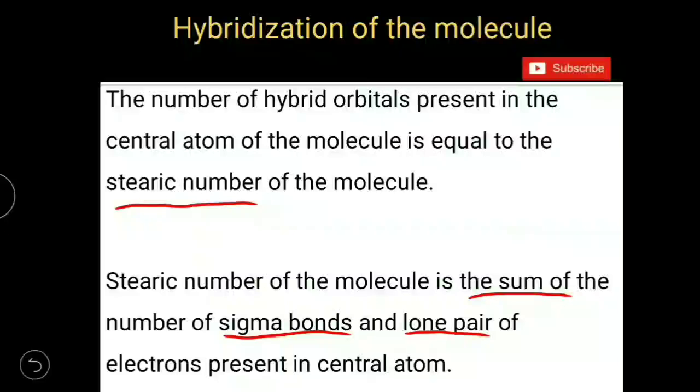So based on this steric number you can find out hybridization. Means the number of hybrid orbitals present in central atom is equal to steric number.